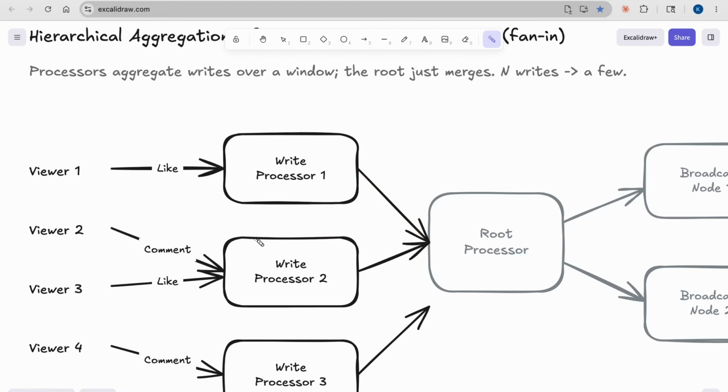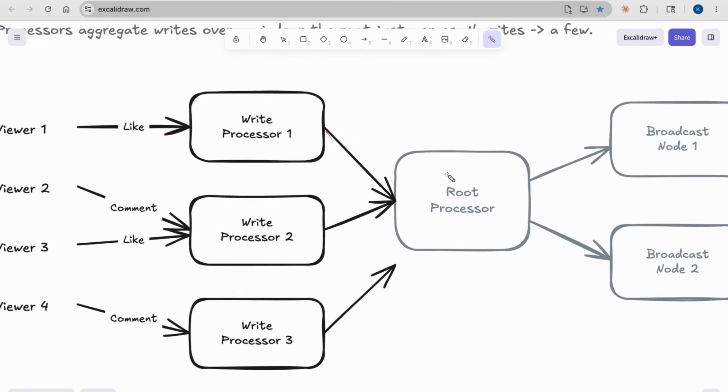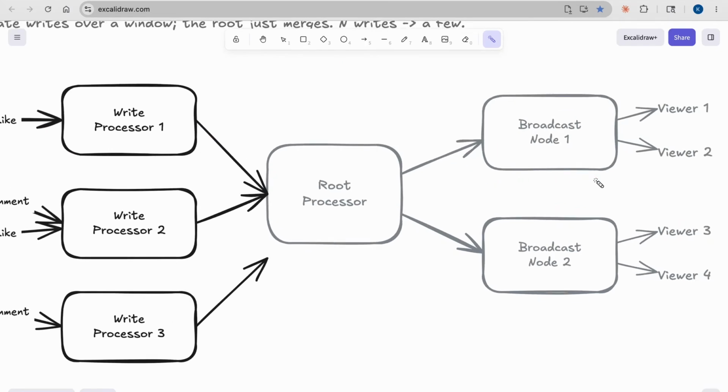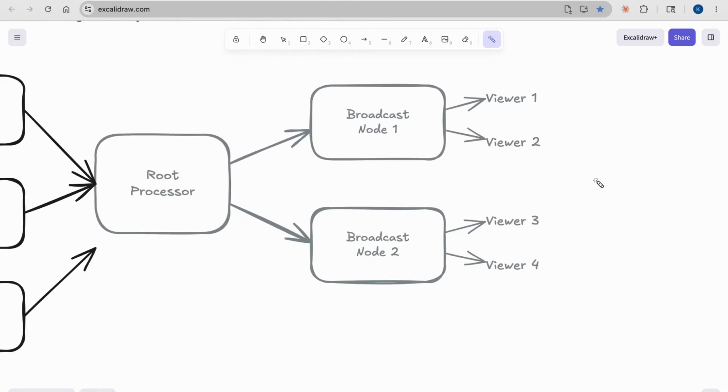By aggregating this data with the write processors, and disaggregating again with the broadcast nodes, we have drastically reduced the number of writes we need to do for each specific user.